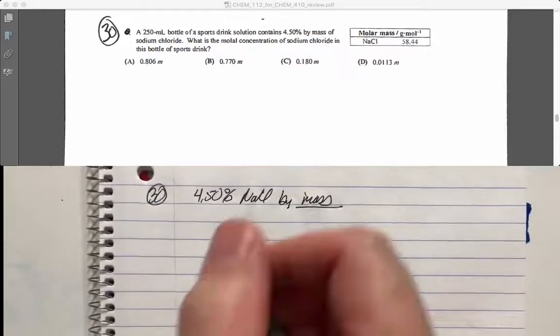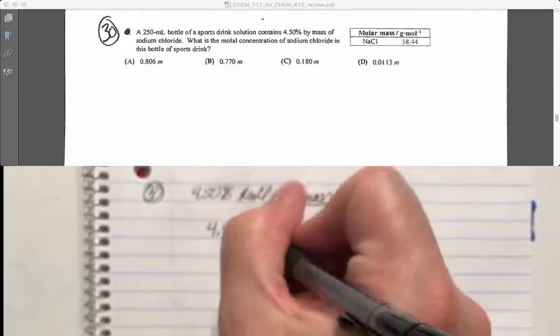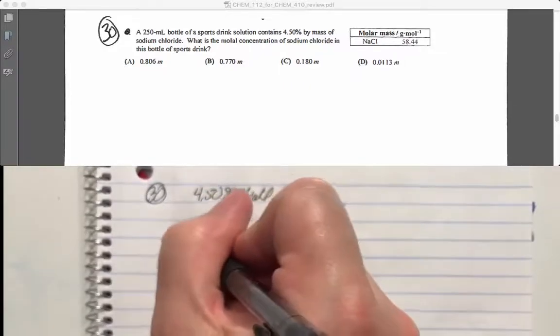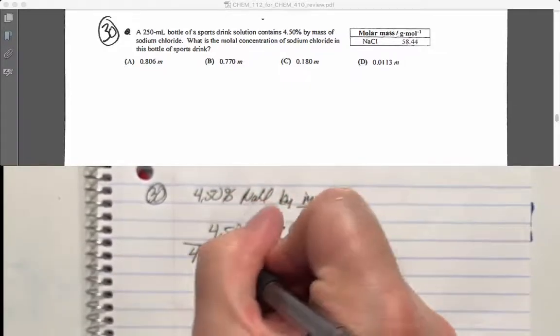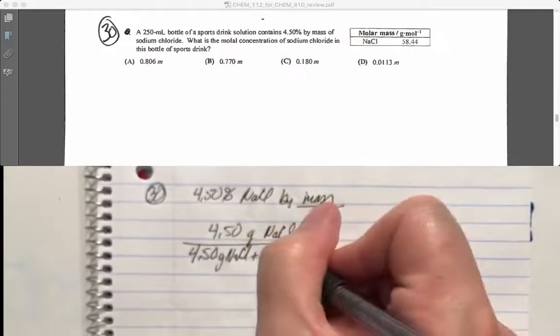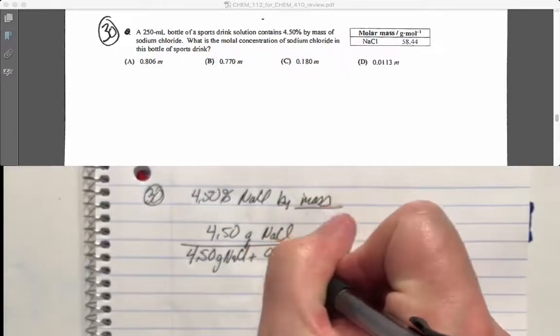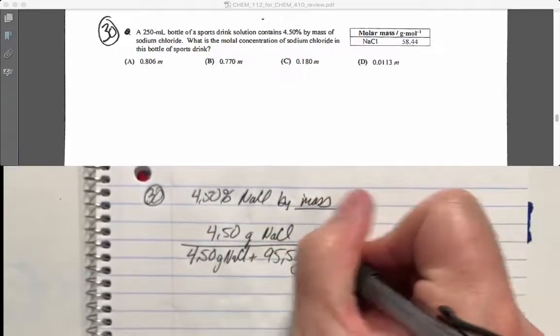And I can take and translate that, 4.50 grams of sodium chloride over 4.50 grams of sodium chloride plus 100 minus 4.5, 95.5 grams of water.